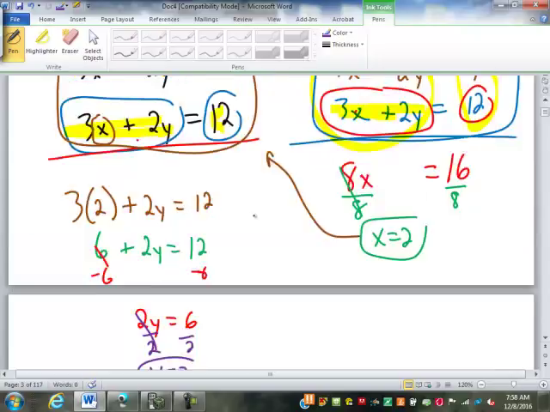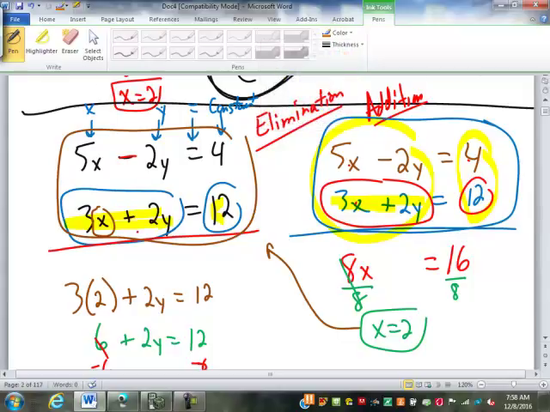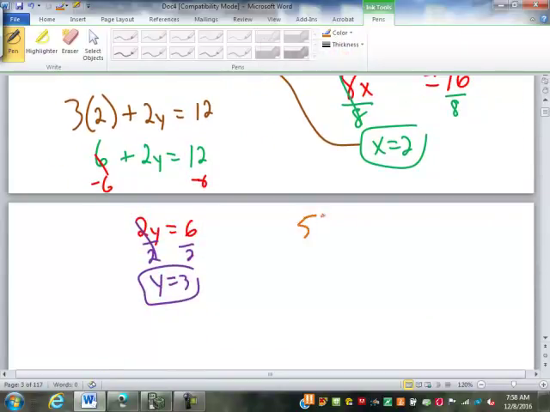Now, what if I had chosen the top one to use? So 5x minus 2y equals 4. Well, 5x becomes 5 times 2 minus 2y equals 4. 10 minus 2y equals 4. Subtract 10. Negative 2y equals negative 6.